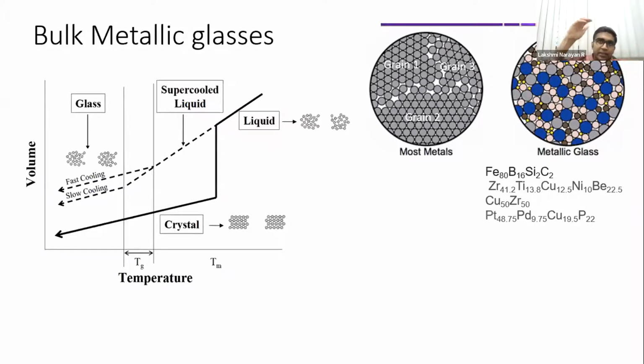So what you really do is keep your metallic glass composition very close to the eutectic composition. What happens is you have a large freezing range, and that large range means that you can hold the liquid structure over a higher range of temperature. That is what you get.